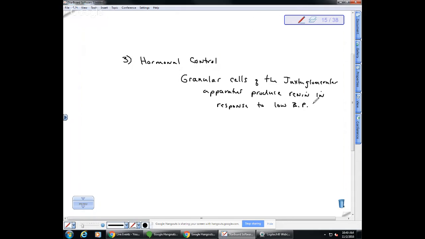So they produce renin in response to low blood pressure. And then this ultimately causes vasoconstriction and the release of aldosterone. So this causes vasoconstriction. Two, it causes the release of aldosterone.